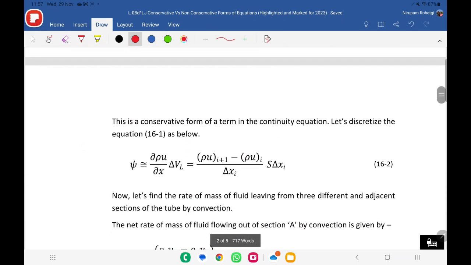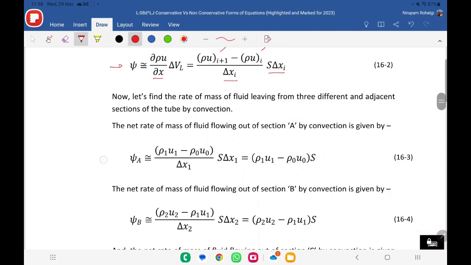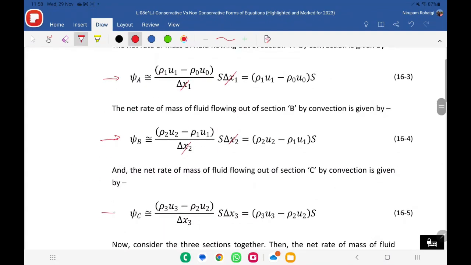Now you can calculate this psi, or this will be equal to rho u at I plus 1, rho u at I divided by the length multiplied by the volume, right? And then when you solve it, psi A will be equal to this, right? This delta x will be cancelled out with this, psi A will be equal to this, you cancel out this, and psi C will be equal to this, okay.